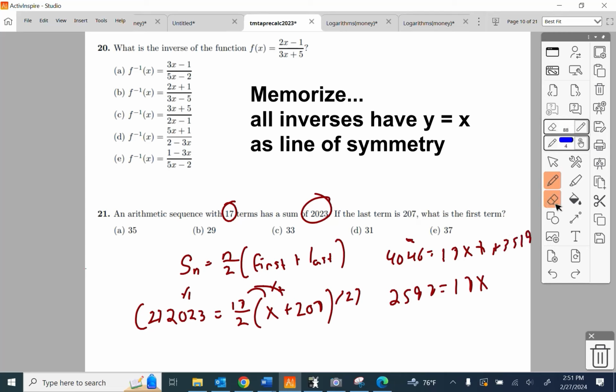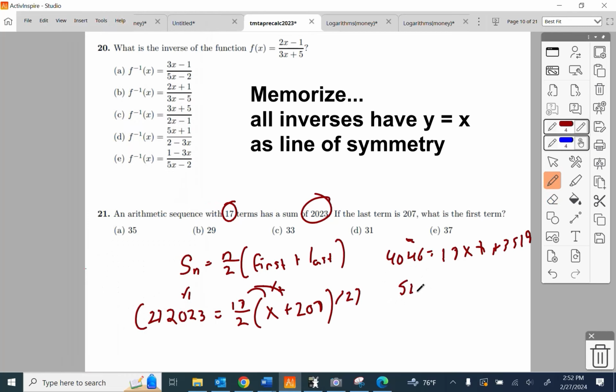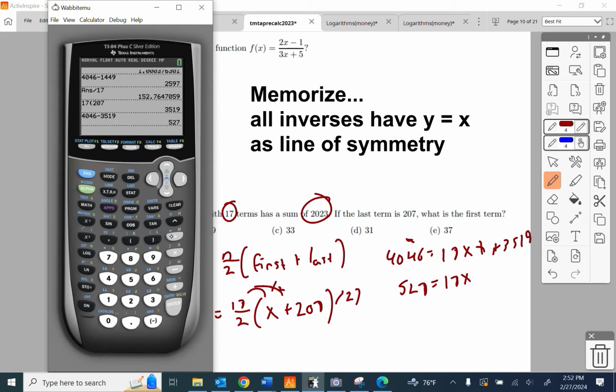Let's just check all my math right now. There we go, 527. 527 equals 17x. And I have no faith in my ability right now, so.